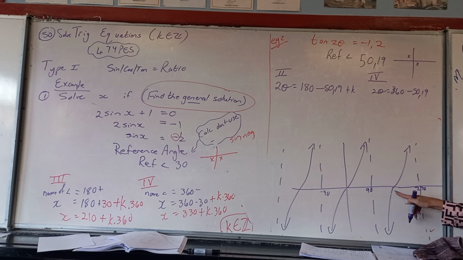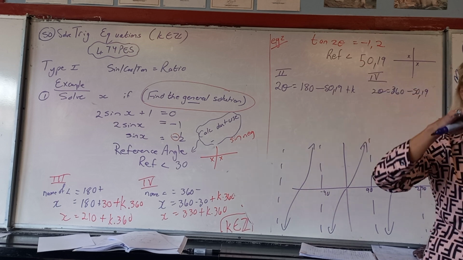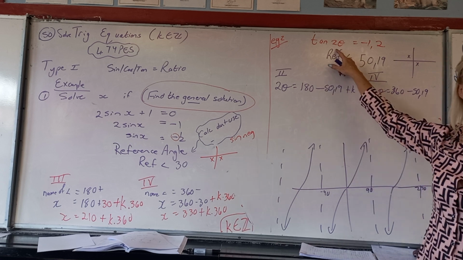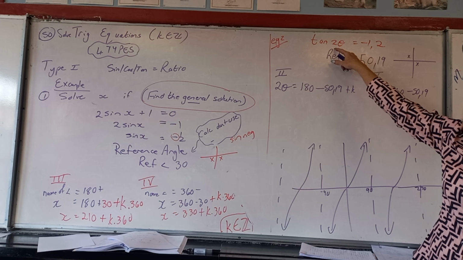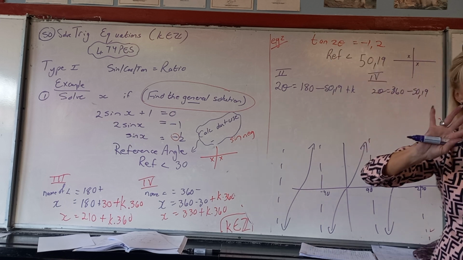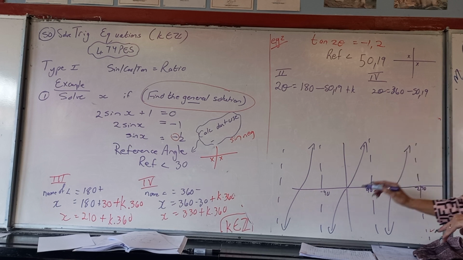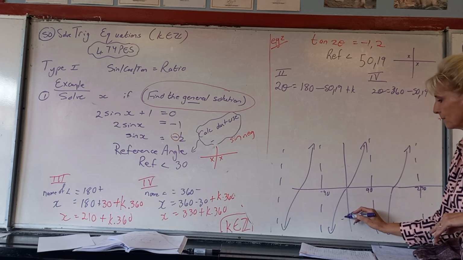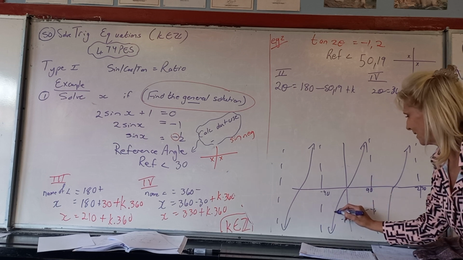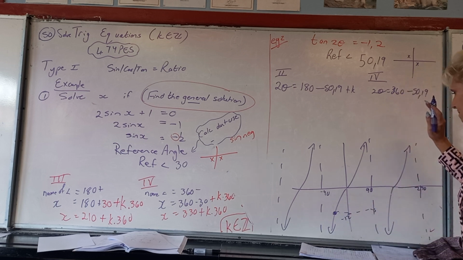Are you with me? Oh, horrible sketch. But anyway, I'm trying to find this angle, and the name of the angle is 2 theta. What would have happened to this graph? The angle should have been divided by 2. Now, we're not thinking that. I'm just saying, if it was a normal tan graph, and we wanted negative 1, 2, we would have had answers. Answer there. Okay?